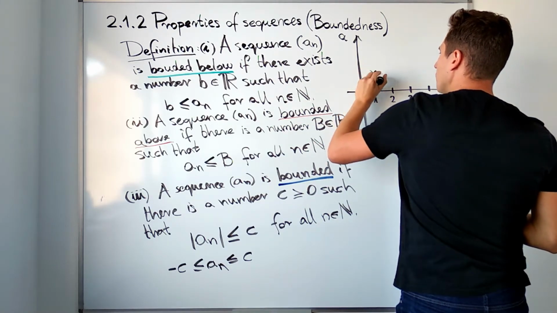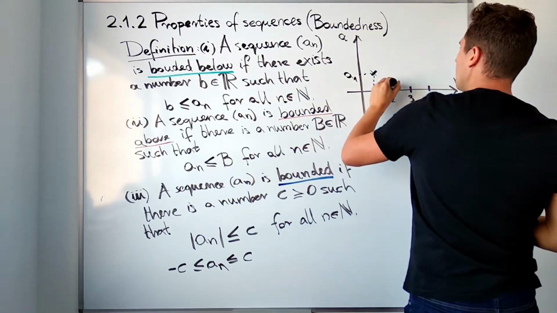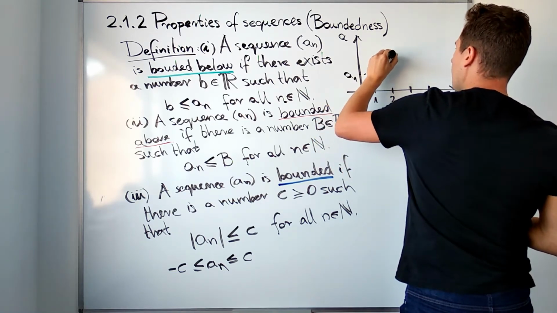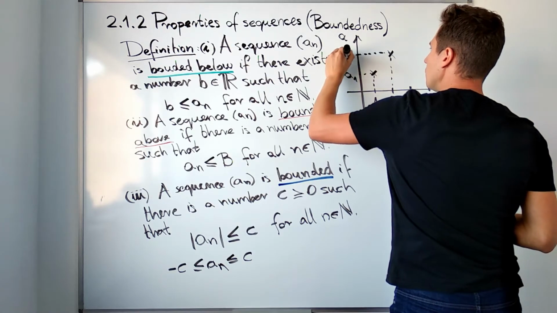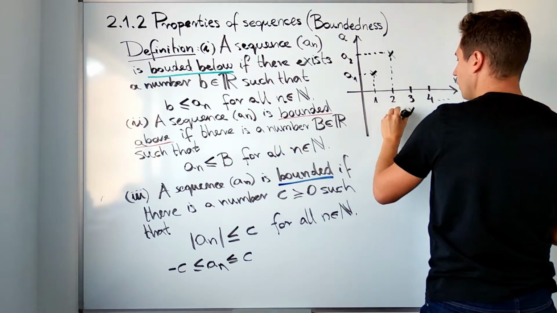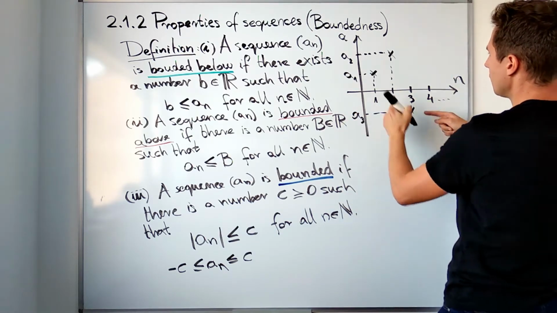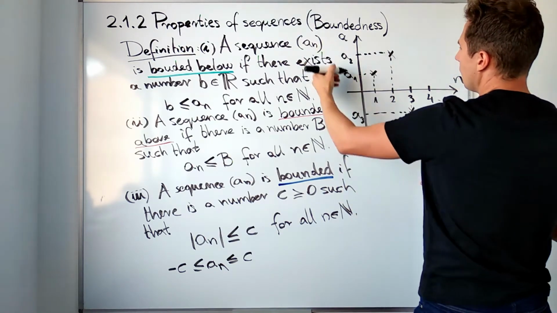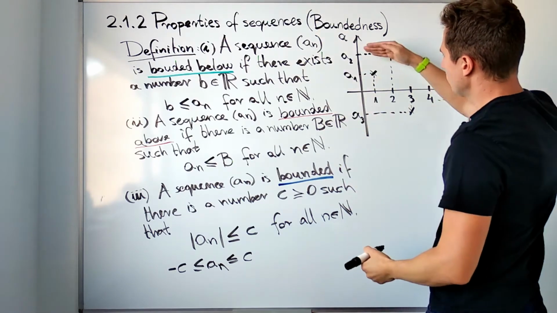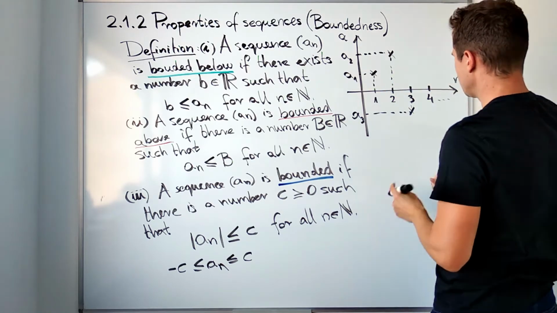So a_1 might be up here, so that would be a_1. a_2 could be a bigger value, a larger one. a_2 would be here. a_3 could be, let's say, a negative value, and so on. You can imagine putting x's at the heights which correspond to the values of the terms of our sequence.